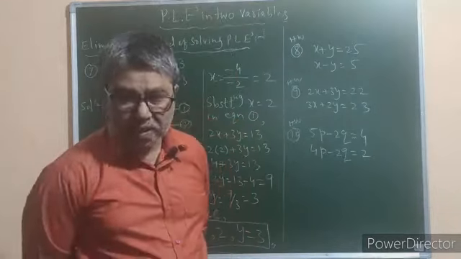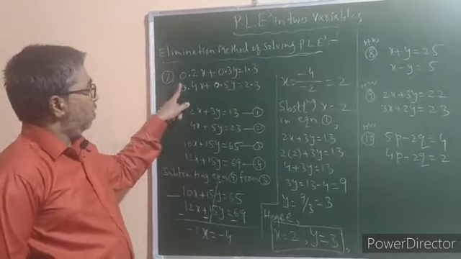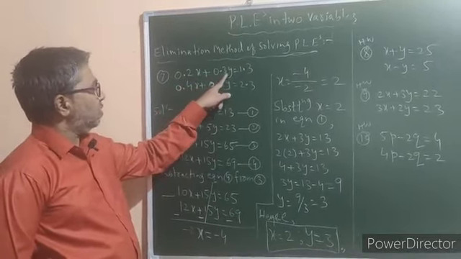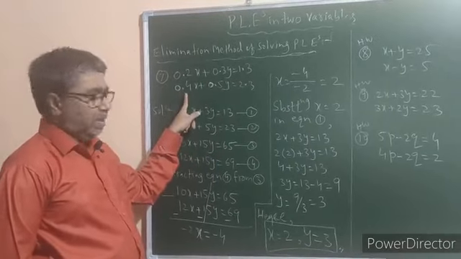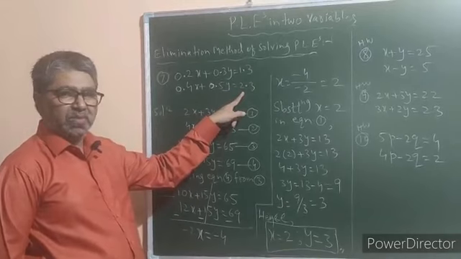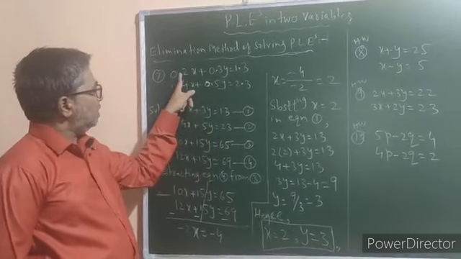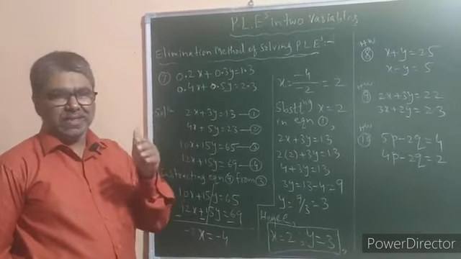So dear students, let us solve one more example. Example number 7. 0.2x plus 0.3y is equal to 1.3, equation 1. 0.4x plus 0.5y is equal to 2.3, equation number 2. Now here in all 6 numbers, the decimal point is 1 digit back.